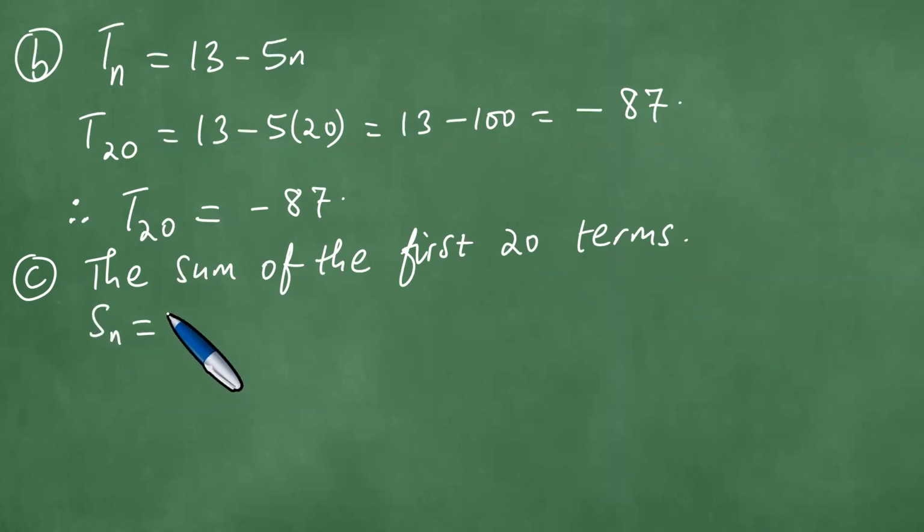The summation formula is n over 2 into twice a plus n minus 1 into the common difference.